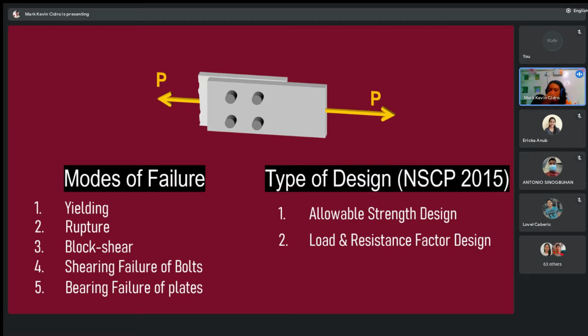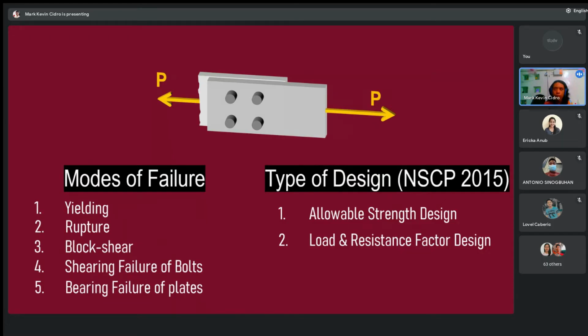So what is the difference? In allowable strength design, we use the factor of safety. The word allowable means the allowable stress is automatically used in your design, and you have to use the factor of safety.